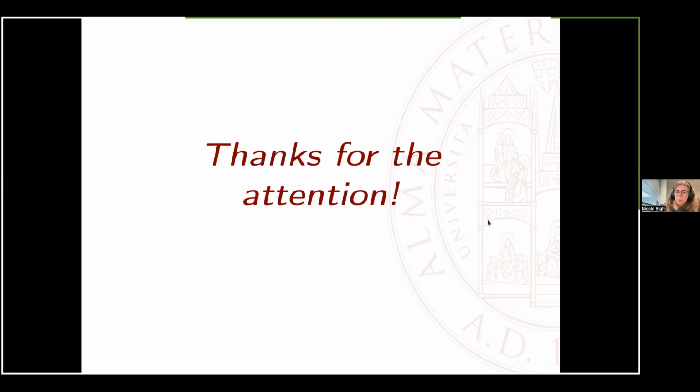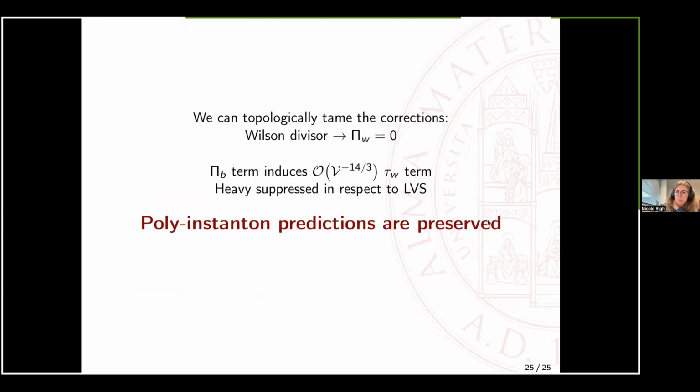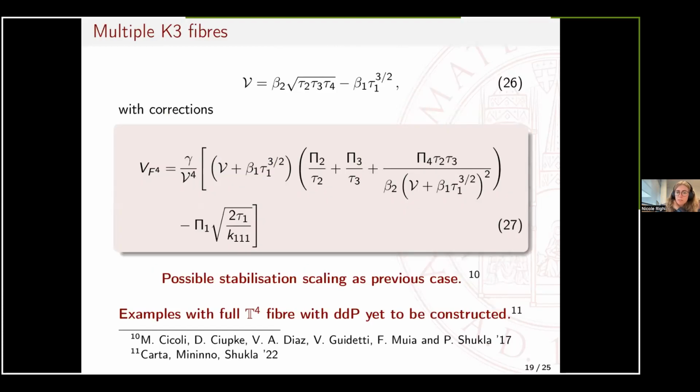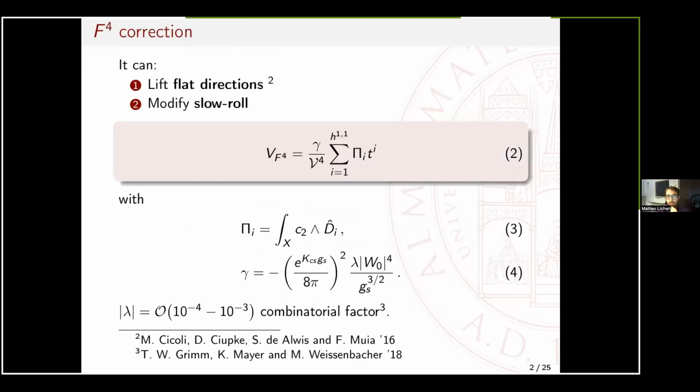Can you remind me how, in general, this parameter lambda is computed, from top down? I don't remember exactly, it was an integral over some geometry piece.